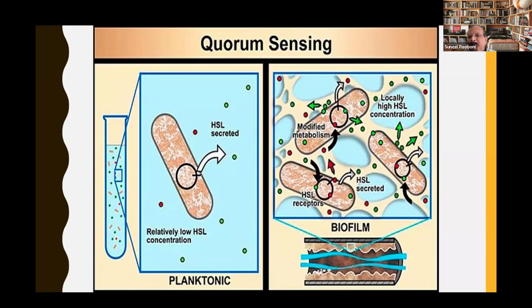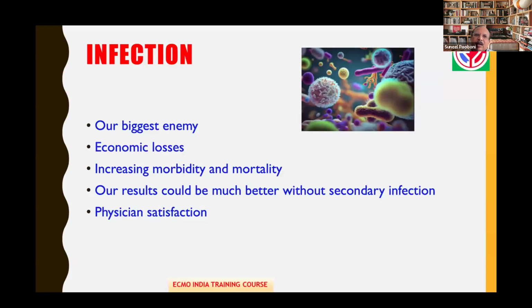From time to time, maybe as a result of suctioning or movement or naturally, once the biofilm gets liberated from the underlying surface on which it was there, it can cause infection, septicemia, bacteremia, etc. This could be the source of it. So we have to be very much aware of biofilms.